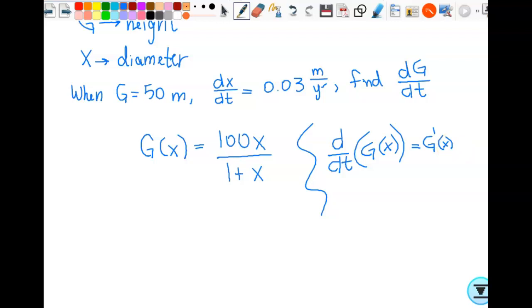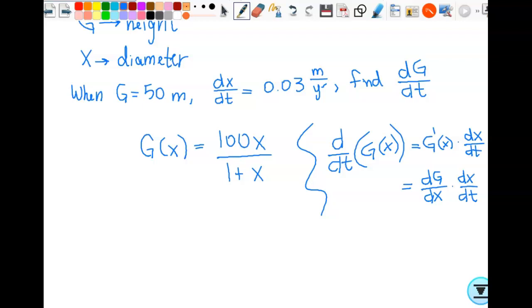So I'd multiply this by dx/dt. Another notation for g prime of x is dg/dx times dx/dt. Guys, can you see these fractions, if I were to multiply them, how the dx's would divide out and leave us with dg/dt?